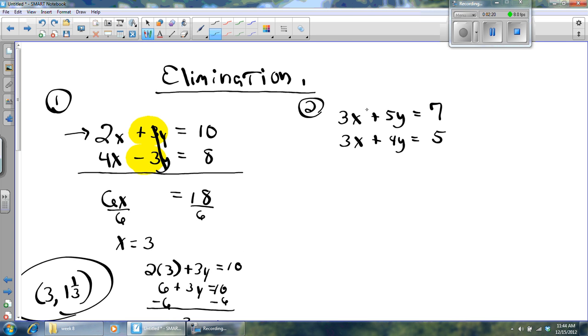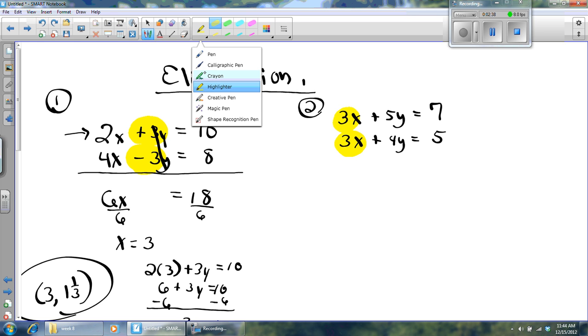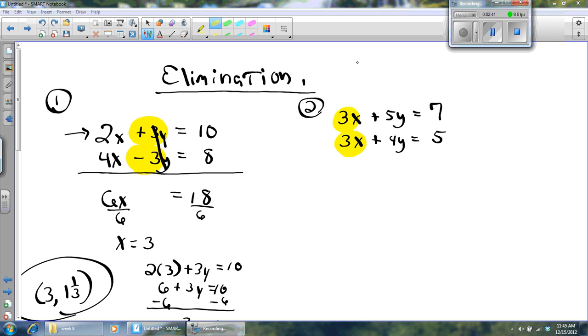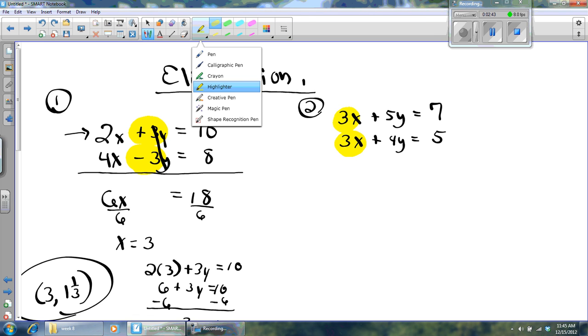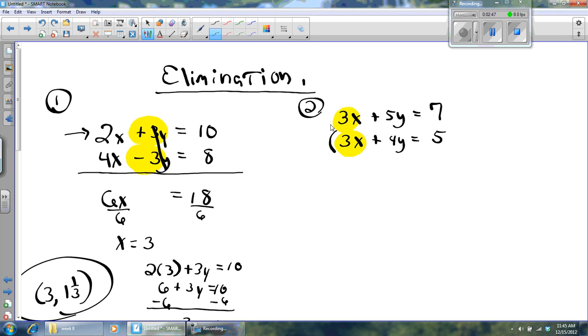Now, it's not always going to be that simple. Let's take a look at problem 2 here. I've got the 3x's in both problems, and they're both positive. Well, what I can do is go ahead and multiply through by a -1, because if I multiply through by a -1 on one equation, won't that change the sign of one of the 3x's?